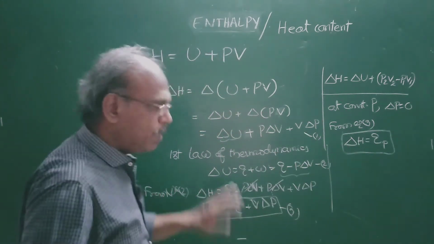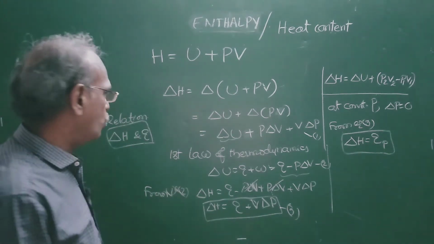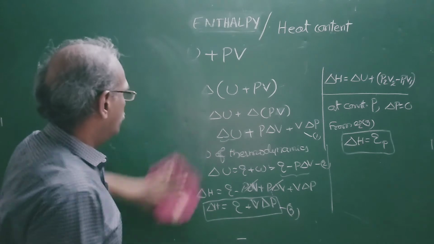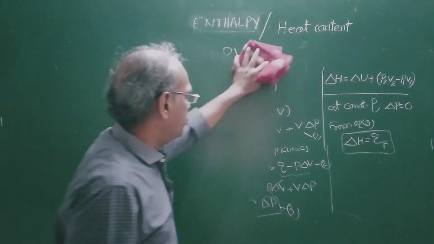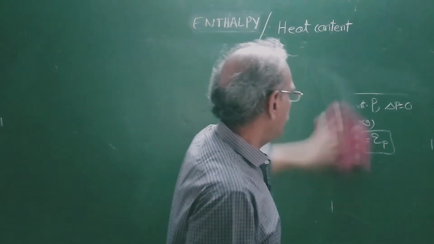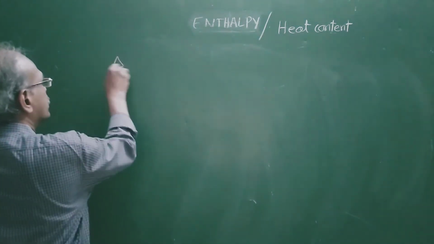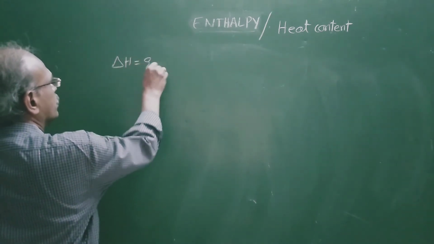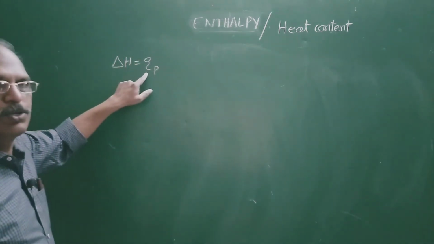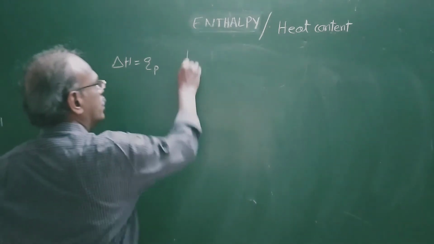Now let's compare delta H and delta U. Delta H is equal to QP, that is, the heat energy given to a system at constant pressure. What about delta U?